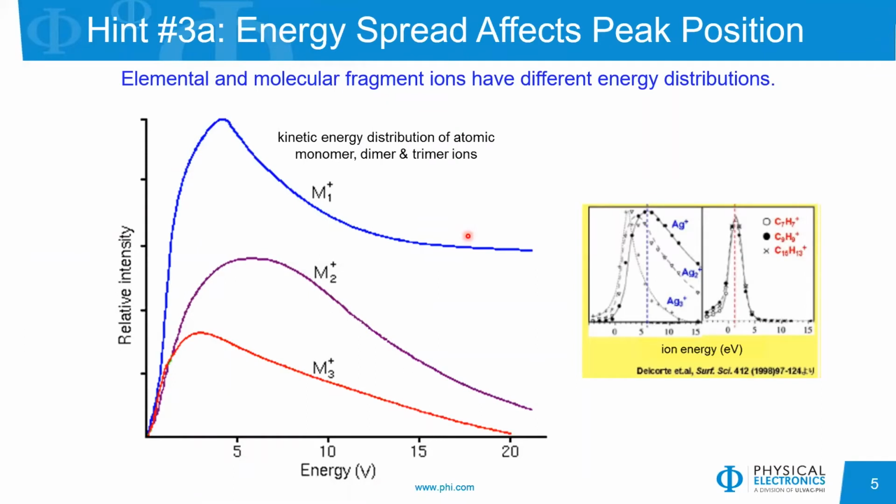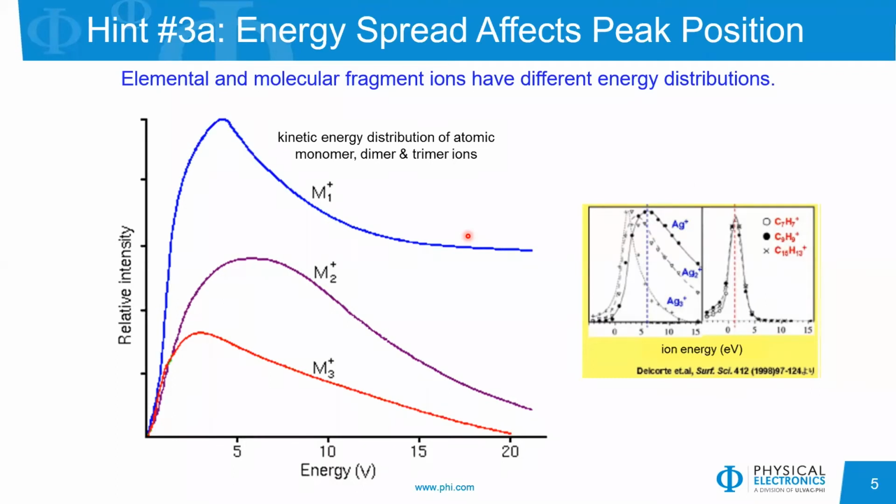Energy spread affects the peak position, and this is particularly critical when you're looking at atomic ions. So if you look at an atomic ion, say at a nominal mass of 27, and you're looking at your copper grid on aluminum tuning sample, and it's very common to look at mass 27, what you'll see is that on the low side of nominal mass, you'll see the aluminum peak.